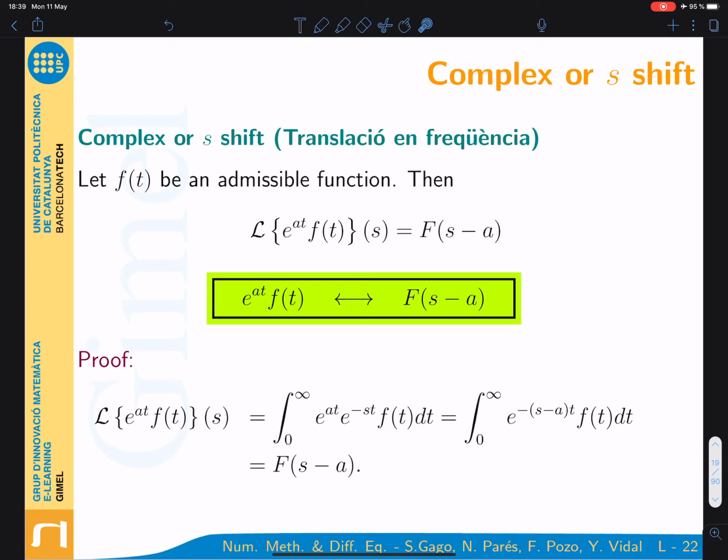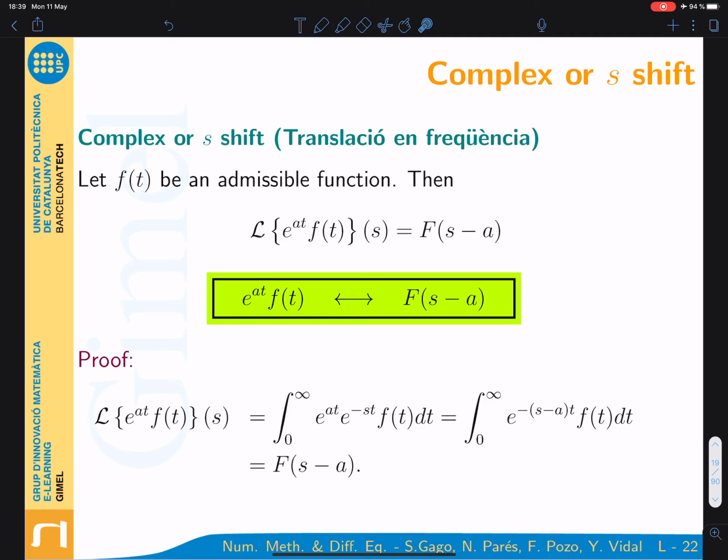So when in the time domain I multiply by an exponential, what I get in the frequency domain is just a translation of distance a of the Laplace transform.